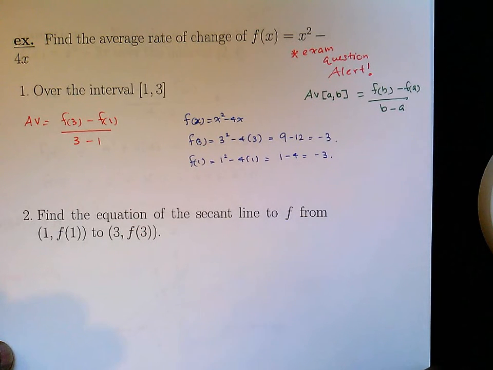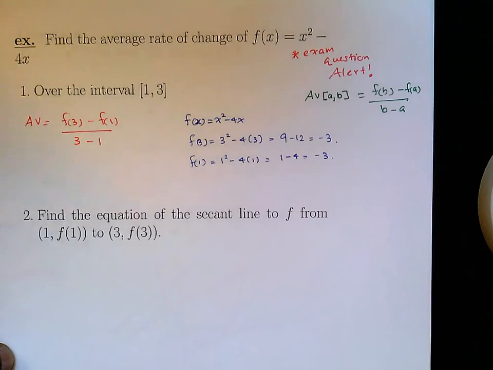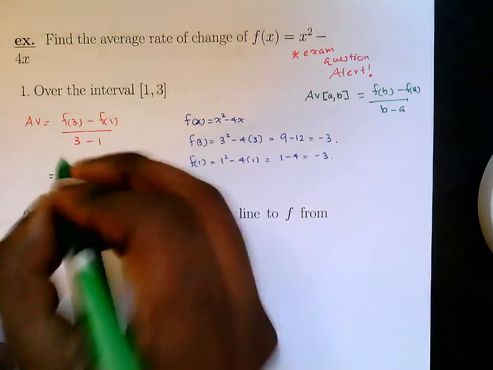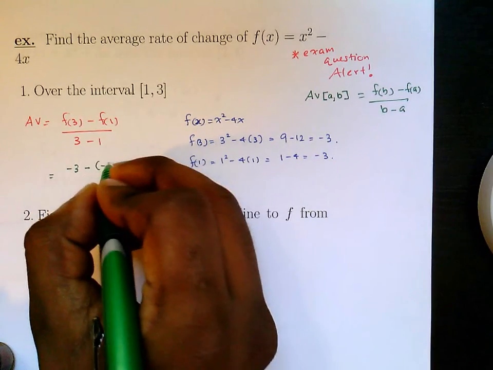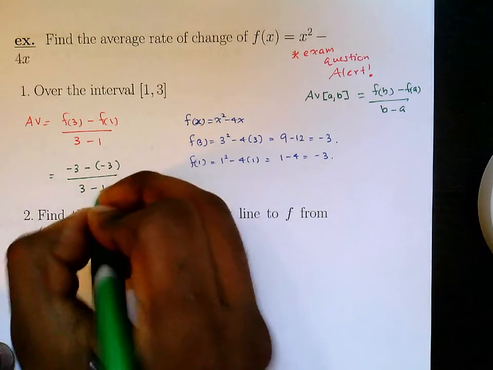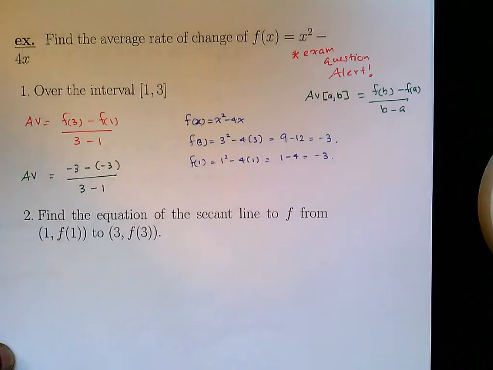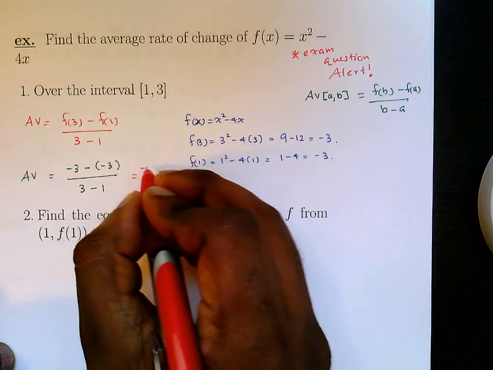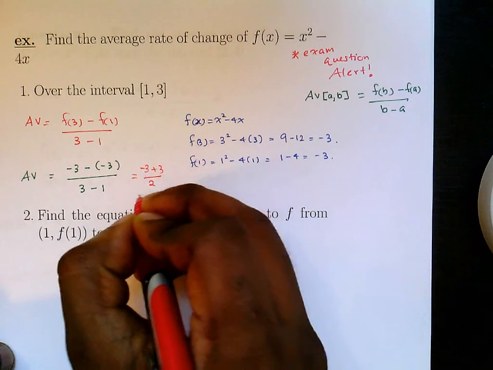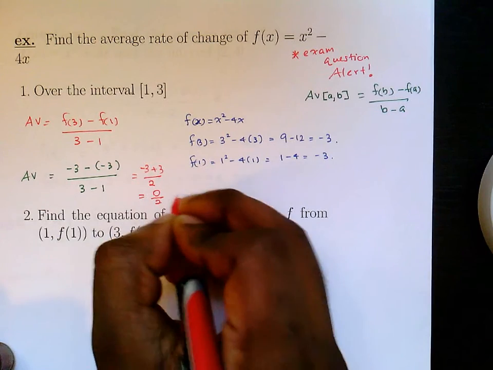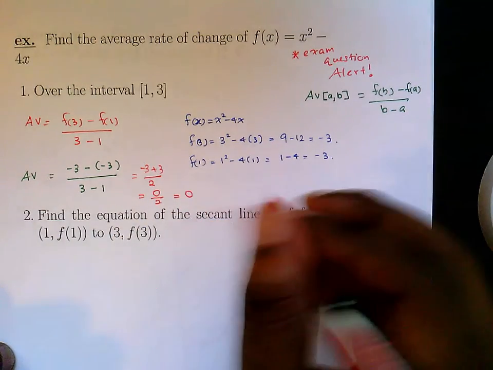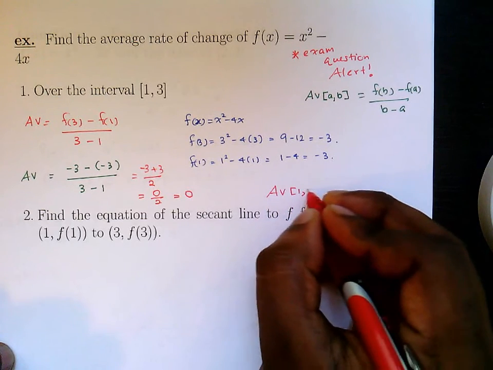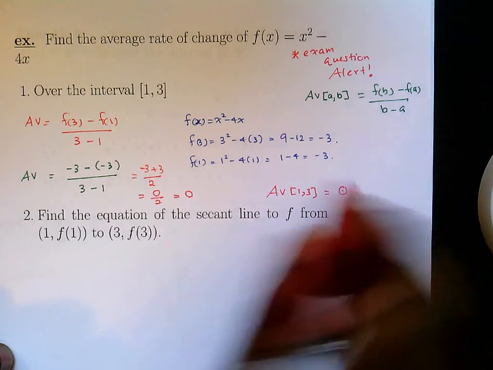Okay, so what you get here is f of 3 is negative 3 minus negative 3 over 3 minus 1. That's the average rate of change. And what you can see here is negative 3 plus 3 over 2, but this is 0, 0 over 2, which is 0. So the average rate of change from 1 to 3 of this function is 0.